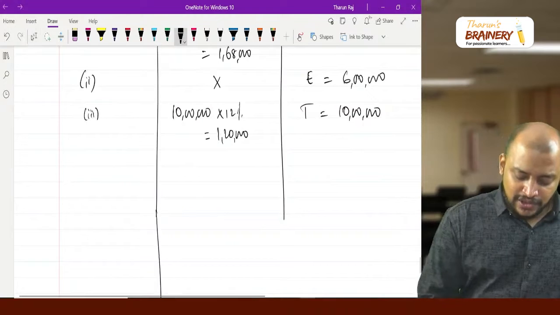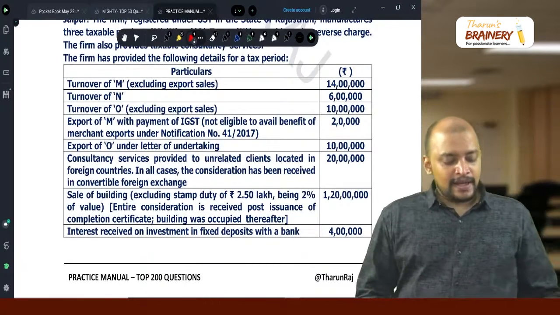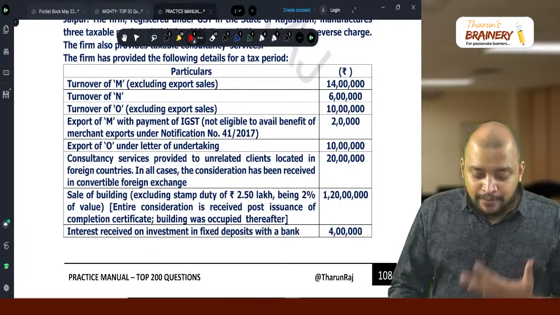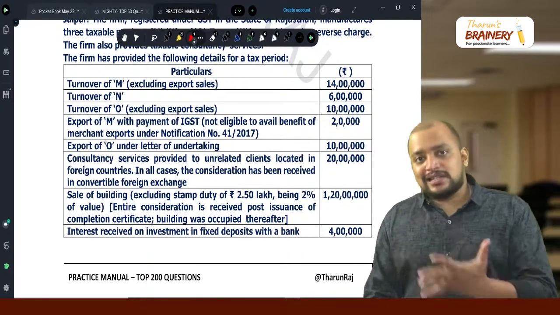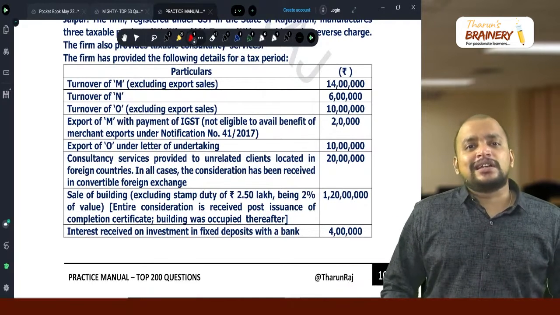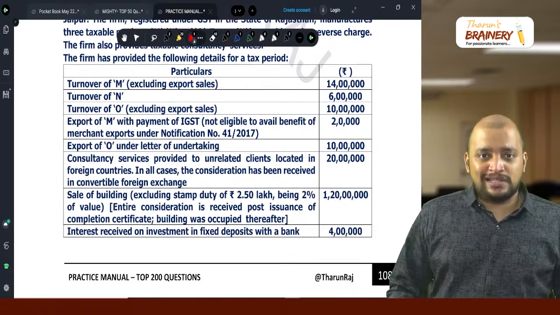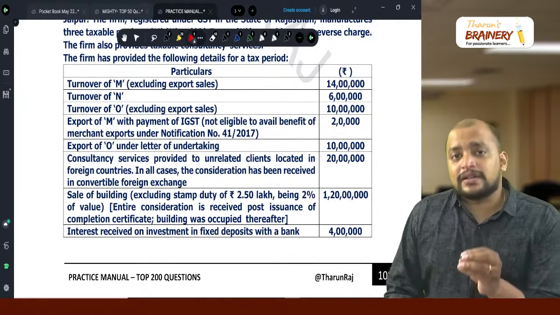Then next one, number 4, the fourth transaction: export of M with payment of IGST. Export of M upon payment of IGST is a zero rated supply. Exports and supplies to SEZ are treated as zero rated supplies.